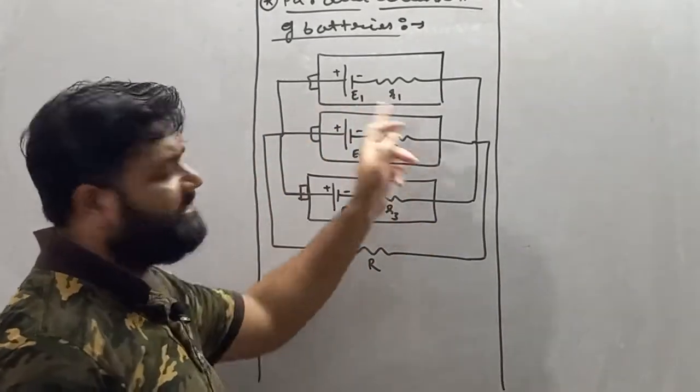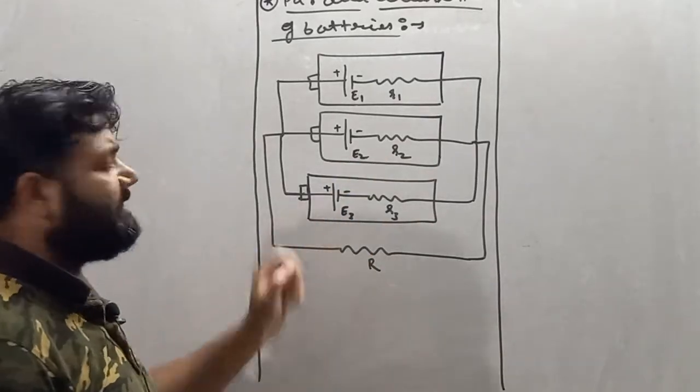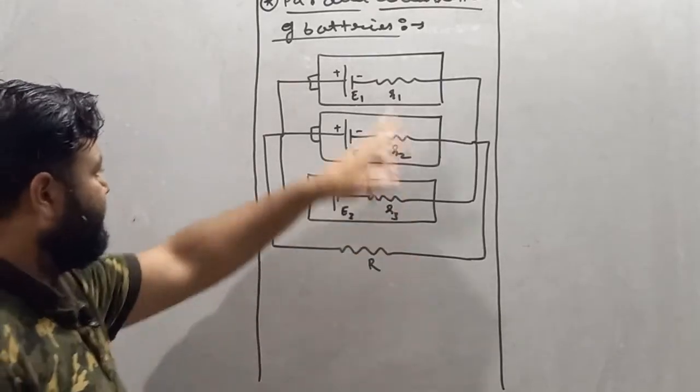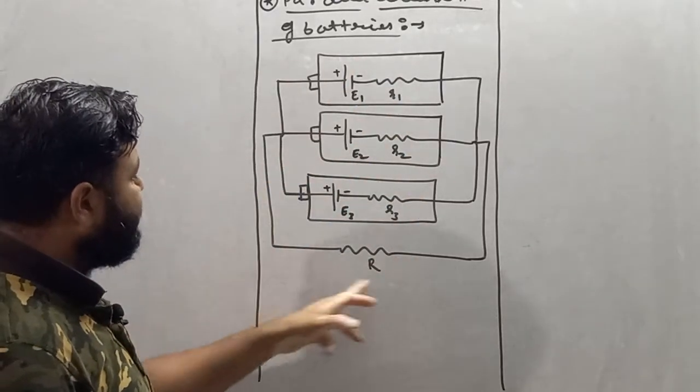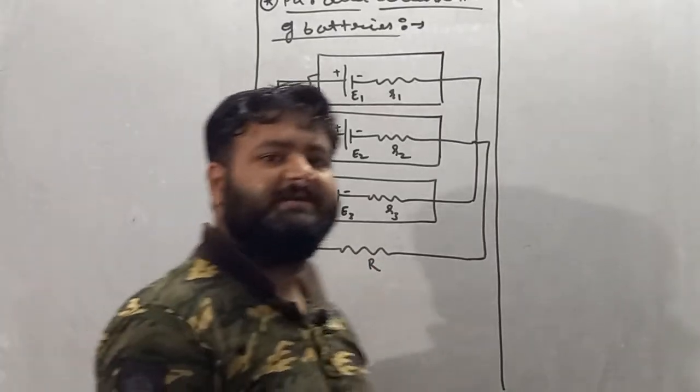So second battery EMF is E2, internal resistance is R2, third battery EMF is E3 and internal resistance is R3. These all batteries are connected with this external resistor of resistance, dear student, capital R.